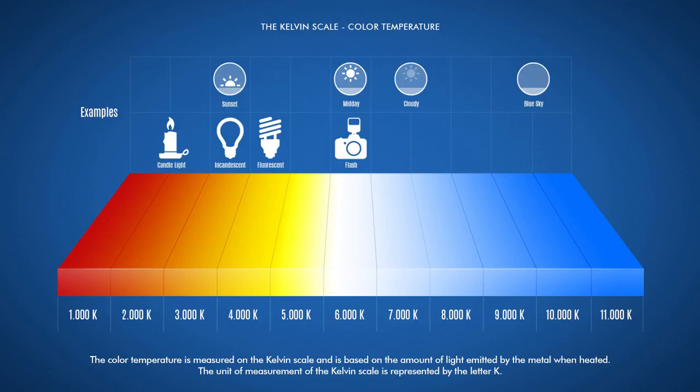And also the Kelvin scale uses the sunlight position in different times of the day as a guidance for us to understand better the color temperature of that period. So usually in a sunset, the color temperature of that light at that time is around 3000 Kelvin.